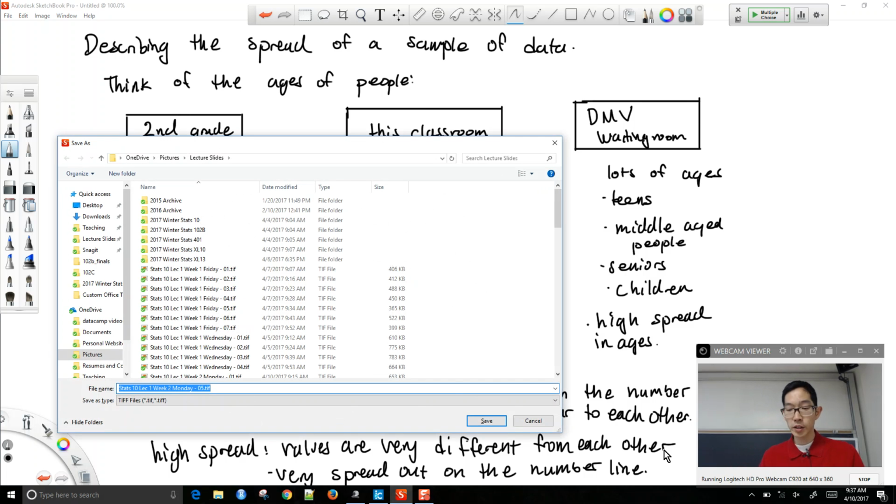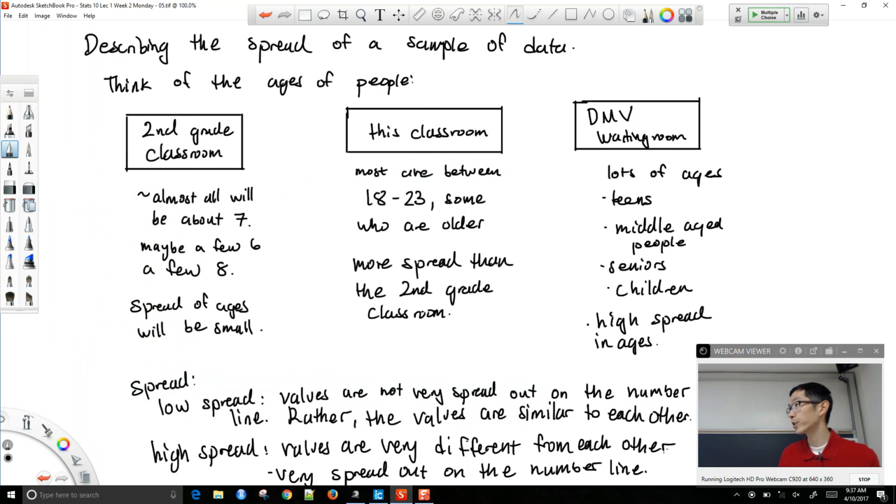Okay, and so the standard deviation and the IQR, in particular the standard deviation that we're talking about today, is a value that gives a number for spread. So rather than saying this has high spread and this has low spread, which are kind of vague terms, we can say the standard deviation of this set is 2.